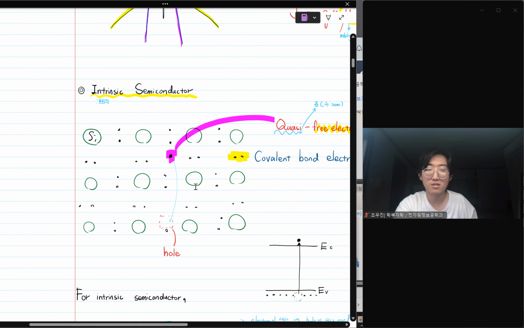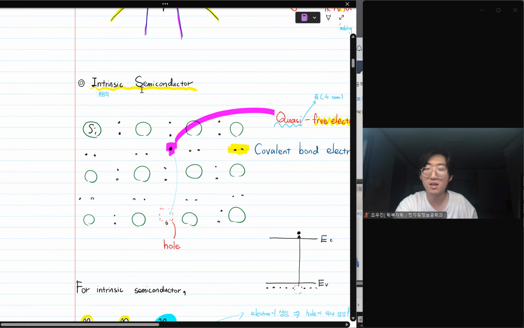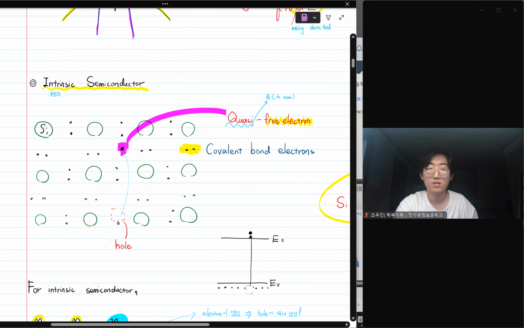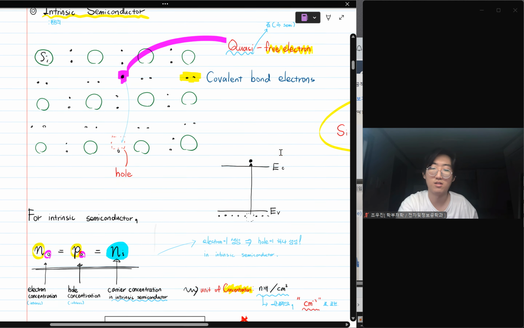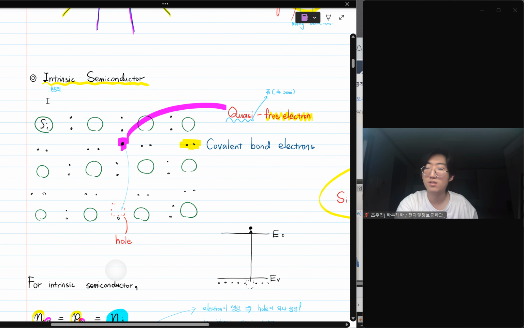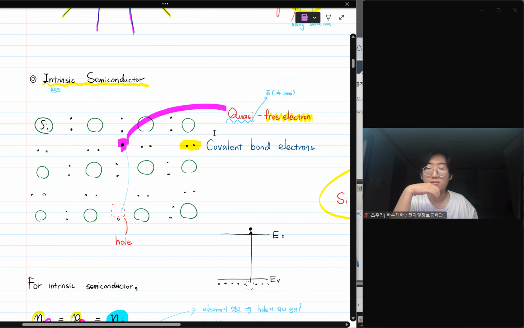Next I'm going to talk about intrinsic semiconductors. An intrinsic semiconductor is stable, and there are quasi-free electrons.